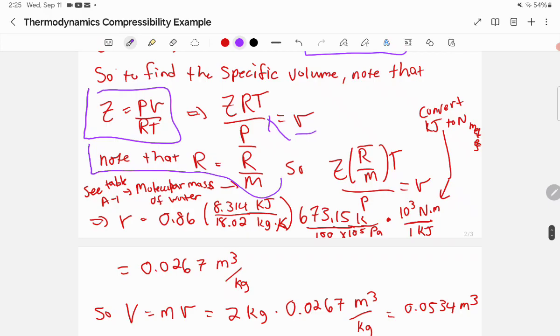The note is that R without the bar is equal to R with the bar divided by M. Okay, so R with the bar is something that we actually know the quantity of. It's 8.314 roughly, and the units are in kilojoules.